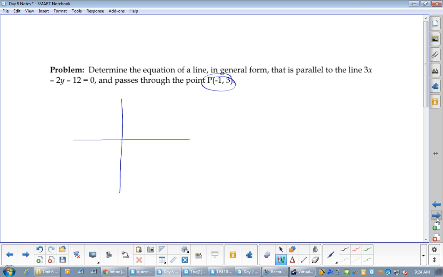Now, so I got 3x minus 2y minus 12 equals 0. Again, for our purposes, this is a very useless form. We want to get this y equals. So I'm going to minus 3x and I'm going to add 12. I get negative 2y equals negative 3x plus 12.